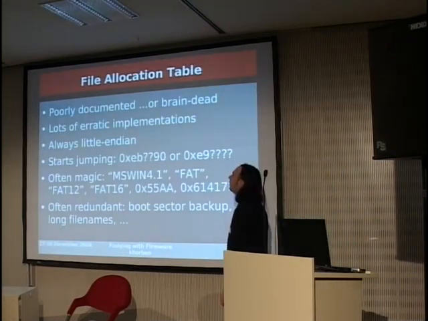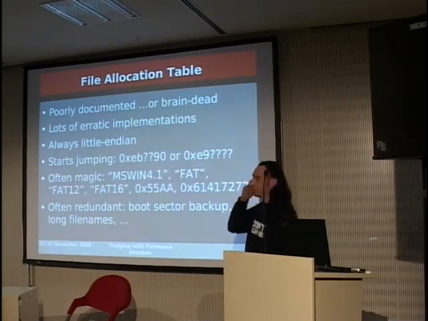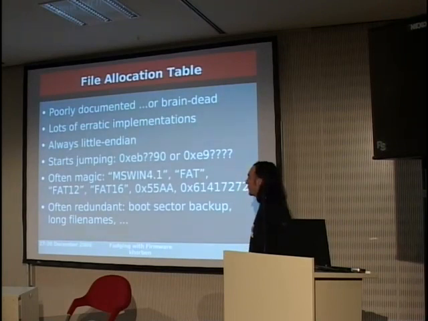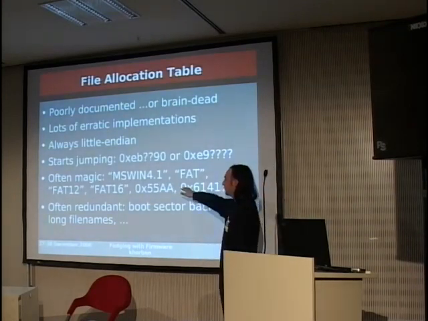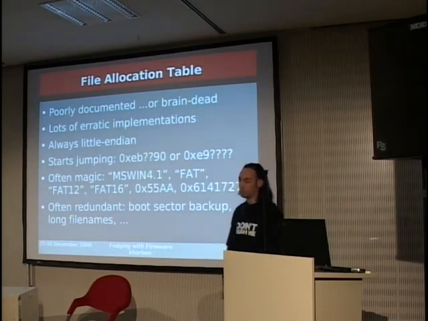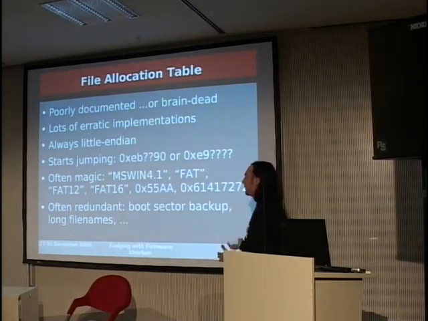But through the different implementation errors that occurred throughout the time, lots and lots of magic was found inside the file system images. So you can almost always see something like MSWIN4.1 or FAT, FAT12, FAT16, which are sometimes used to identify the FAT format we're actually dealing with, which is not the correct way to identify it.